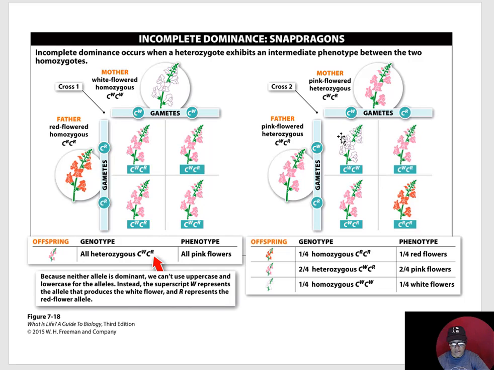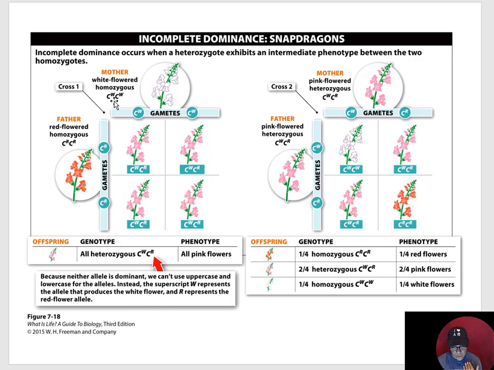So here we have, let's just say, we're looking at plants here, the father is a red-flowered homozygous. And again, when we have these different expressions of the gene, such as incomplete, then we write them in superscript. Okay, that way, by convention, when we look at a gene and we see that it's in superscript, we know that it's not just a straight dominant and recessive expression of the gene, that we have a different type of expression going on here.